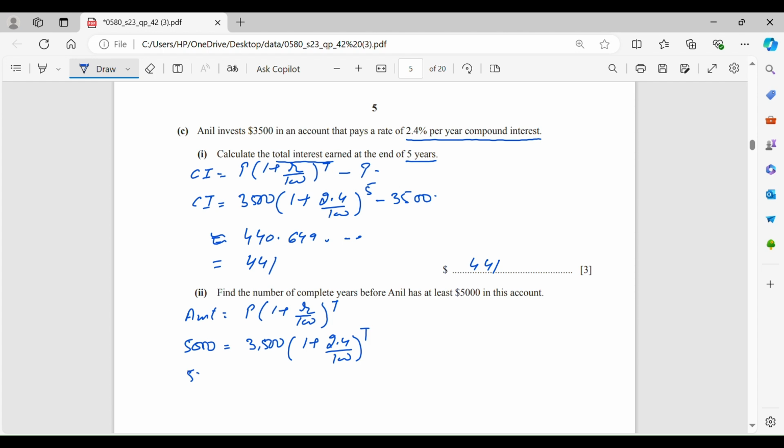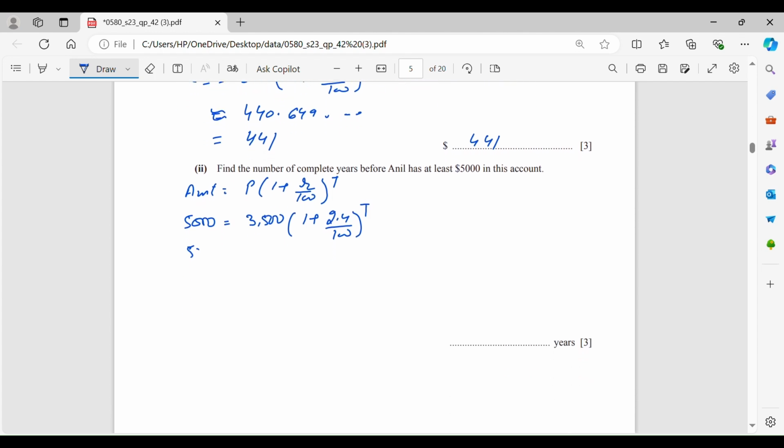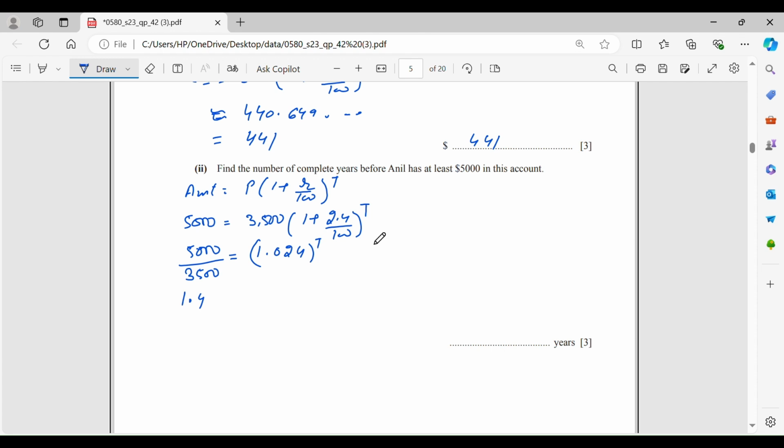So 5,000 divided by 3,500 is equal to 1.024 raised to the power t. Using the calculator, this is 1.42857.